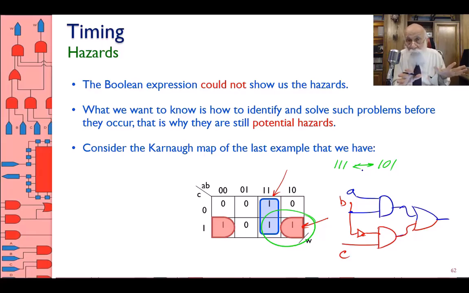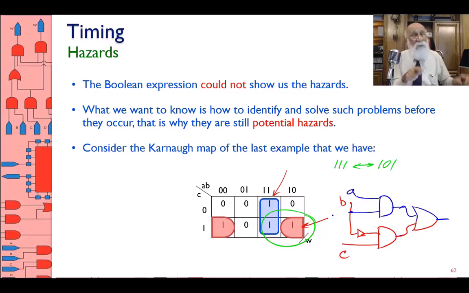Which way? I don't know, because all I'm reading now is from the Karnaugh map. If I'm reading only from the Karnaugh map, this is all I can tell: that the two adjacent ones that are not mapped together, I'm going to get the hazard.